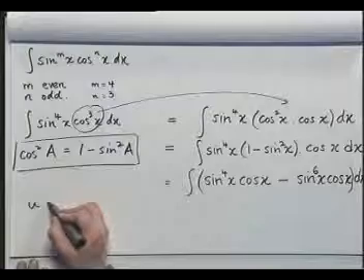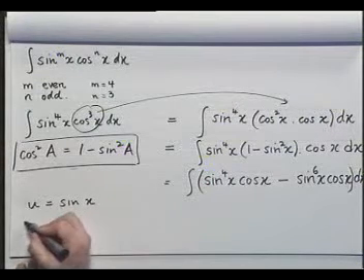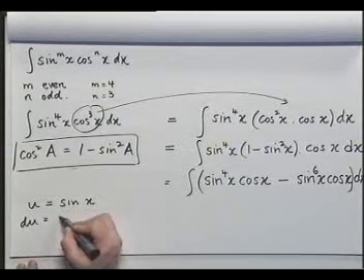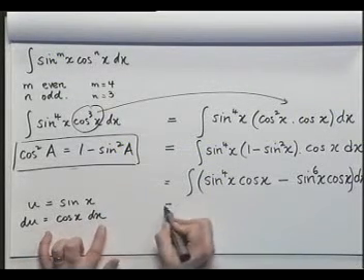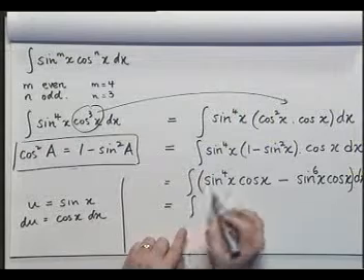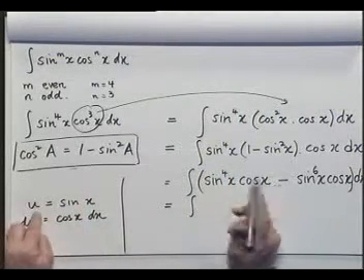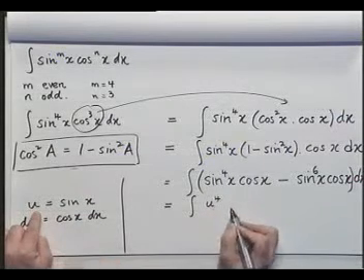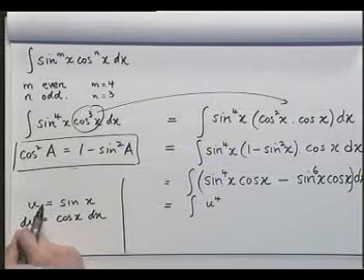If we let u be sine x, so that du is cosine x dx, this will become immediately the integral of, well, sine to the 4th x will be u to the 4. The cosine x times the dx, cosine x dx becomes du.